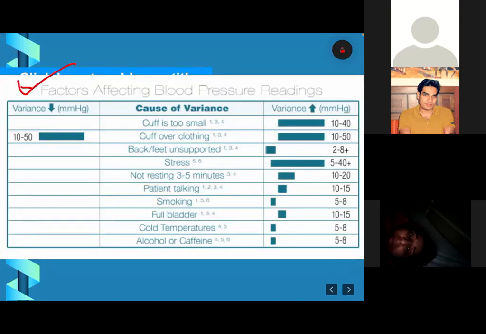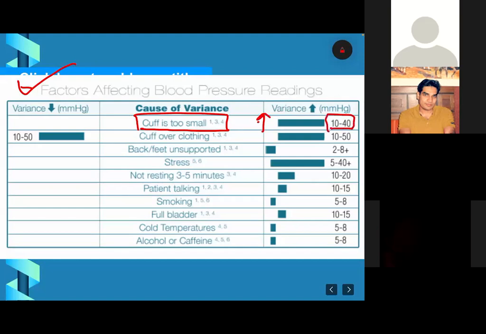Next, the important topic is factors affecting the blood pressure reading. As we discussed, if the cuff is too small, it increases the blood pressure reading by 10 to 40 millimeter of mercury. If we use overclothing, then the blood pressure reading is also increased by 10 to 50 millimeter of mercury.